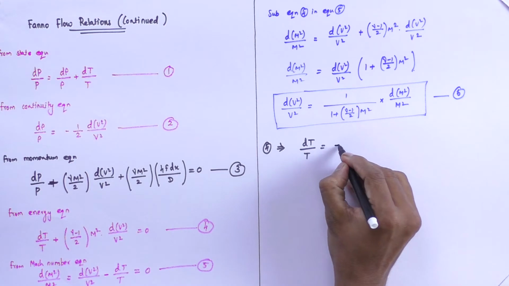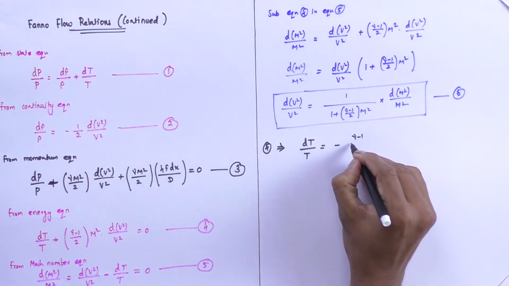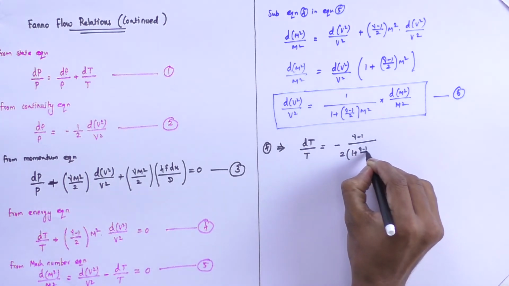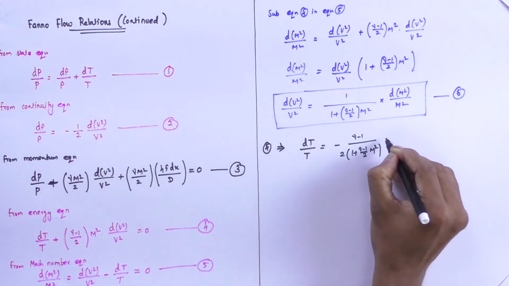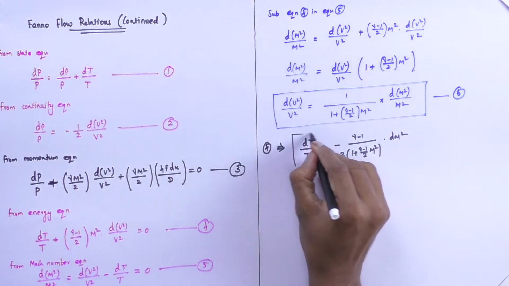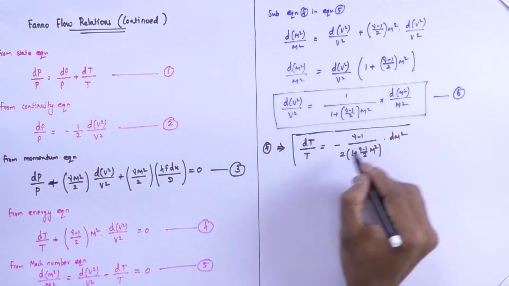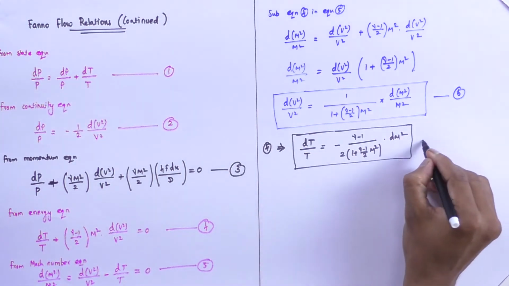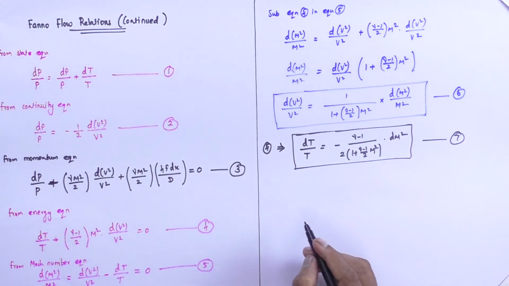This will be equal to minus gamma minus 1 by 2 into 1 plus gamma minus 1 by 2 M square into d M square. So, now this temperature variation is also represented as a function of Mach number variation. Let us say this is equation number 7.